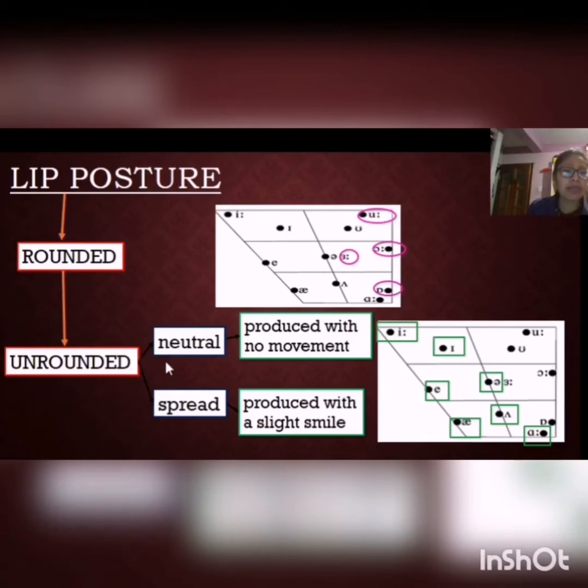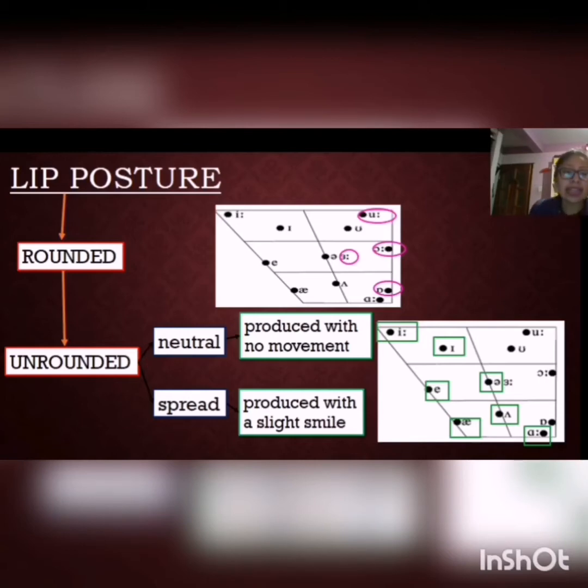And when we talk about unrounded vowels, we have to say that unrounded vowels are divided into two subgroups, neutral and spread. The neutrals are produced with no movement. For example, when I pronounce this vowel e, you can see that I produce it with no relevant lip movement.